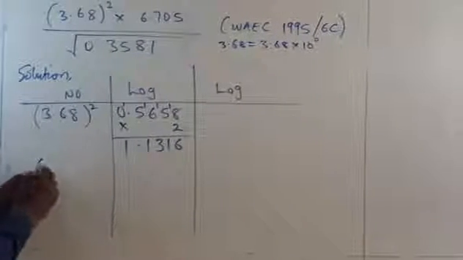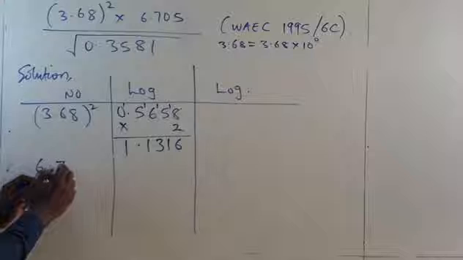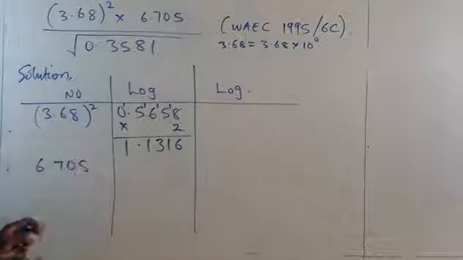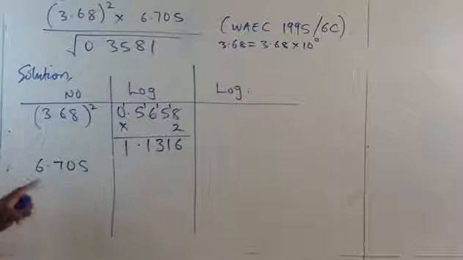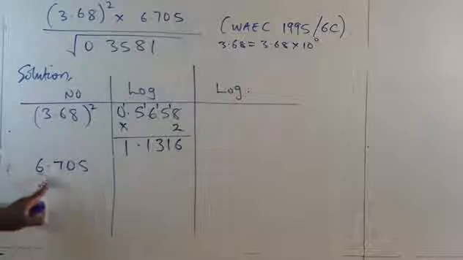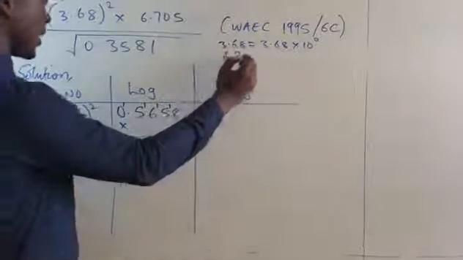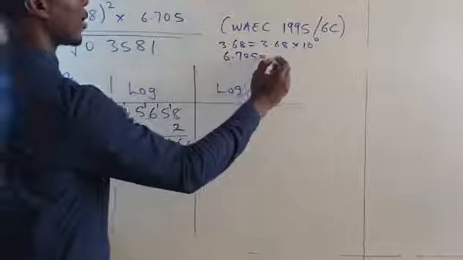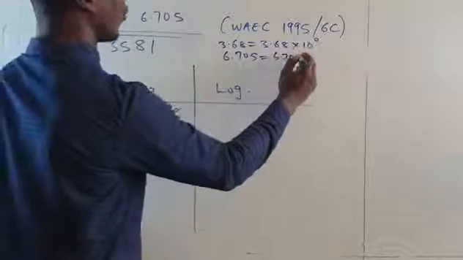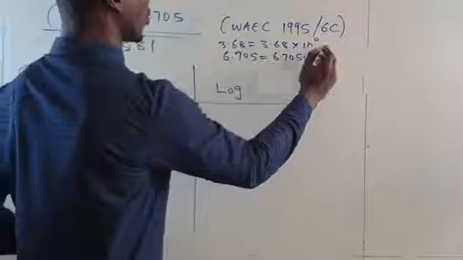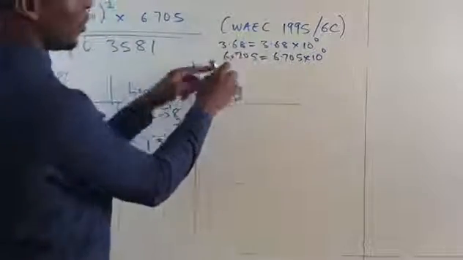So let's move to the second number, which is 6.705. Here we are going to look for the integer part of this as well by expressing the number in standard form. So we have 6.705, which is equal to 6.705 multiplied by 10 raised to power of 0, because we didn't move an inch.